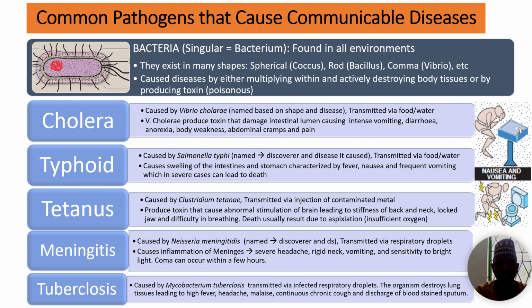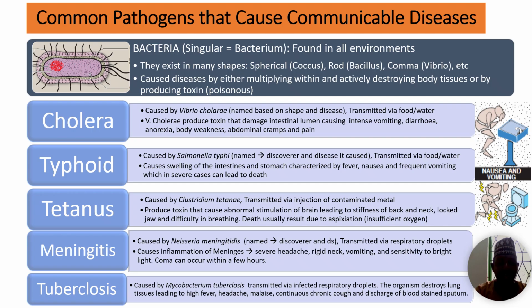And once in the respiratory system, the organism destroys the lower respiratory system, the lungs, the lung tissue, leading to high fever, headache, general body weakness, and continuous chronic cough and discharge of blood-stained sputum.